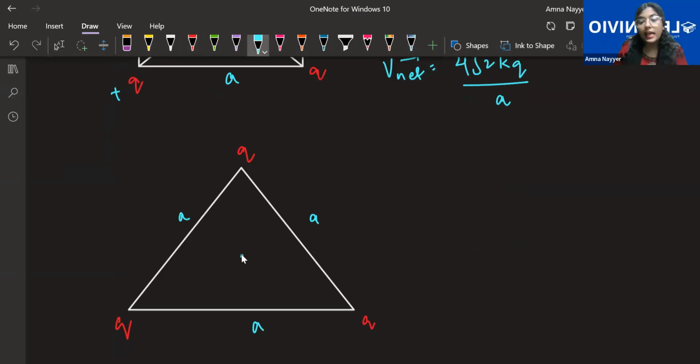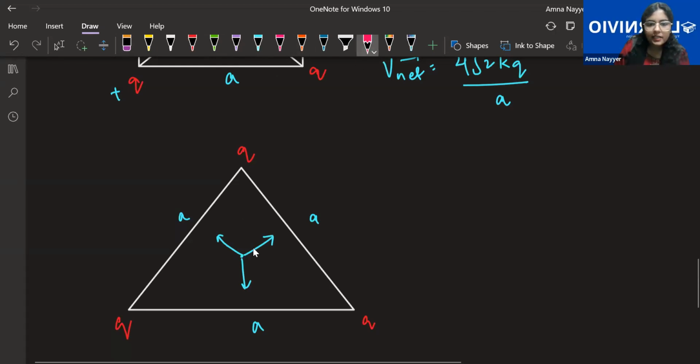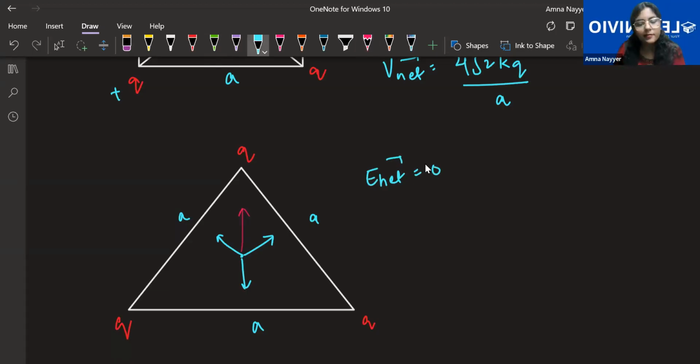At the center, when you're calculating the electric field, due to each positive charge the field is directed away from it. Then you calculate their resultant, and ultimately these resultants cancel each other. So again you get the net electric field to be zero at the center.